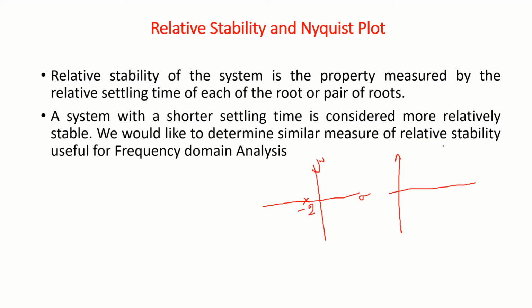Then the response is y equals e to the power of -2t. If I plot the response, when t is equal to 0, y is 1, and as t increases, it will decay down. If there is a pole at -4, then the response will be y equals e to the power of -4t, and the response will decay much faster.